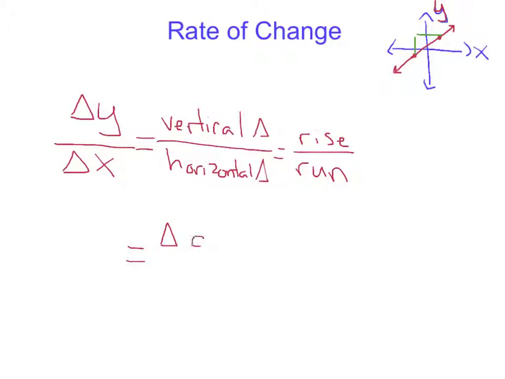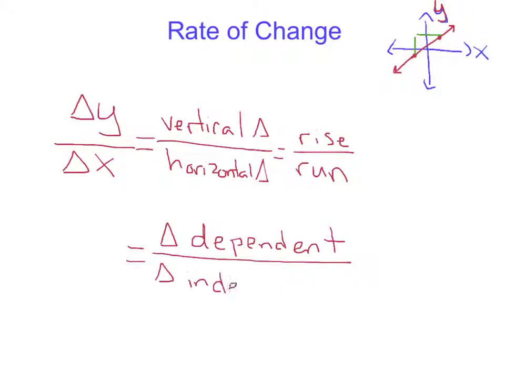So it's the change in your dependent variable divided by the change in your independent variable. All 4 of these are basically saying the exact same thing, which goes back to change in y divided by change in x. I just often will say different things depending on the scenario.